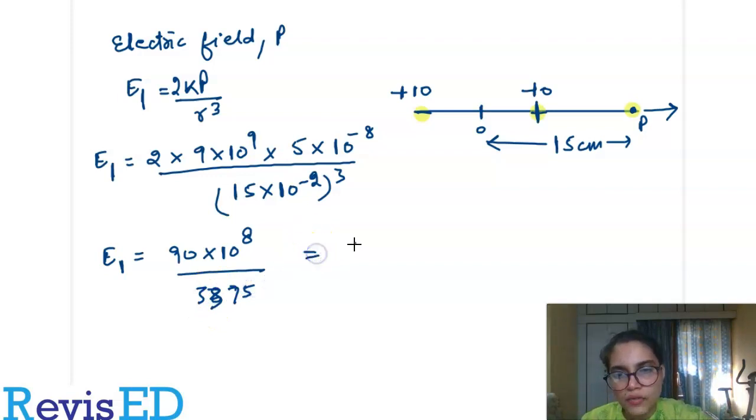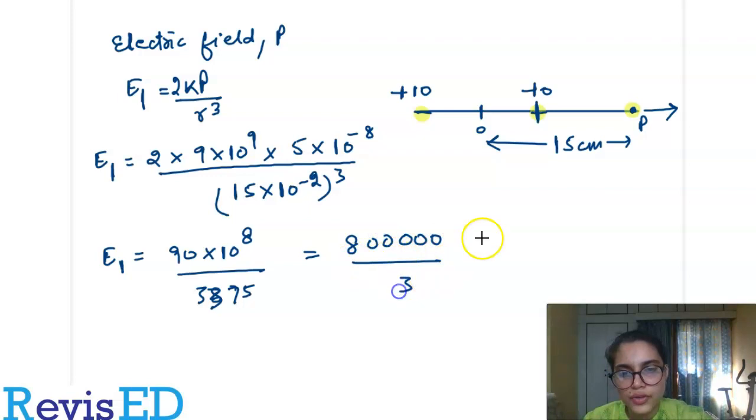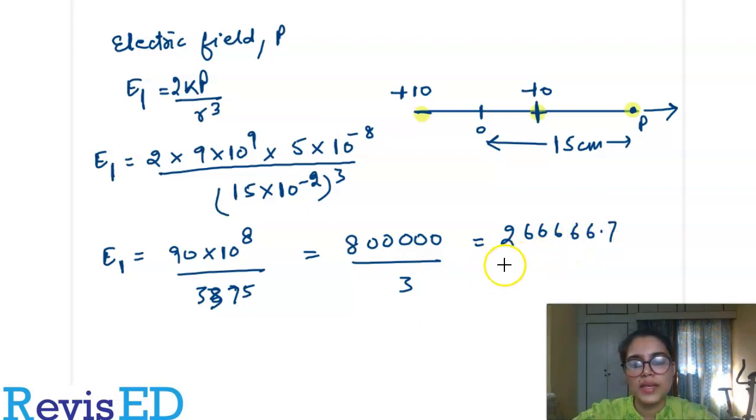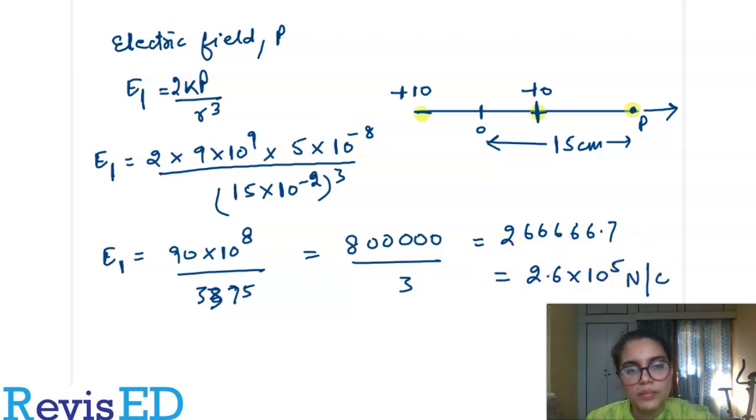When you further solve it, you get around 2.6 into 10 to the power 5 Newton per coulomb. This is the value of your first electric field.